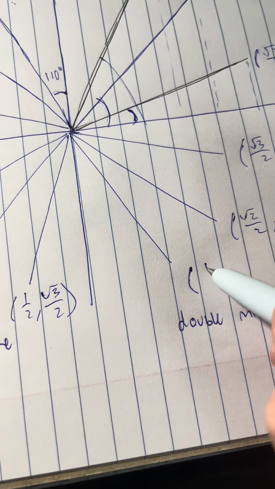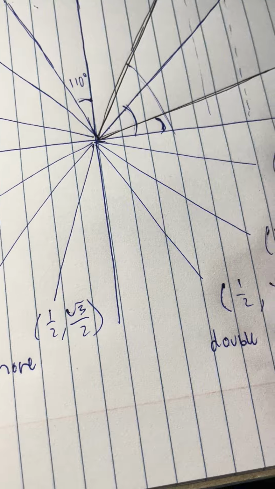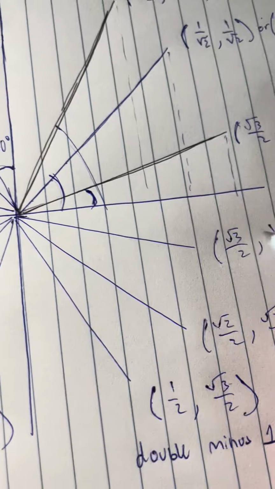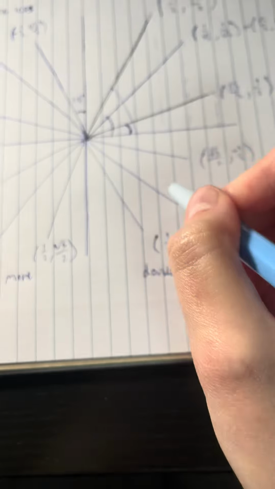And then for this one, just the y's are going to be negative because we are in quadrant 4.